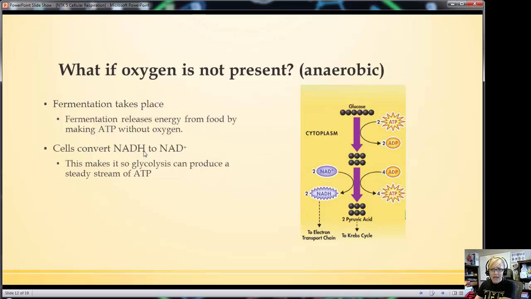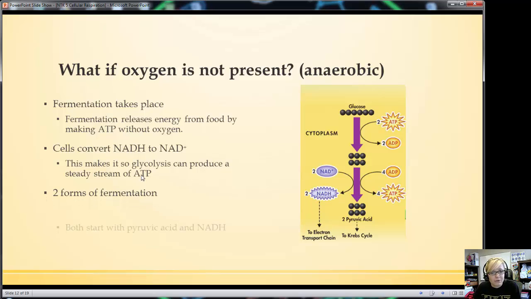Cells are going to convert NADH to NAD+. You can see that NADH is made during glycolysis. We're going to reconvert that into NAD+, so this process can continue to occur without oxygen present so that we can get little bits of ATP. We'll get 2 total ATP every time that this happens.